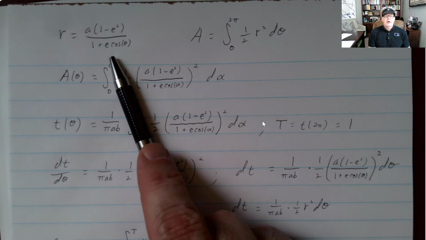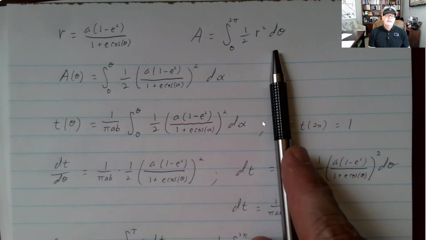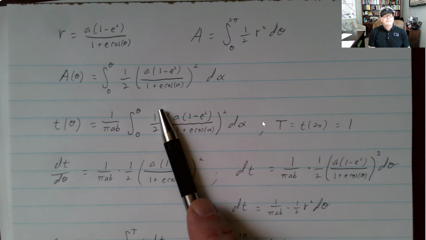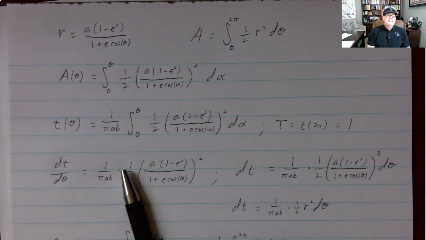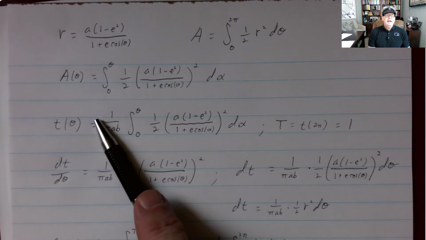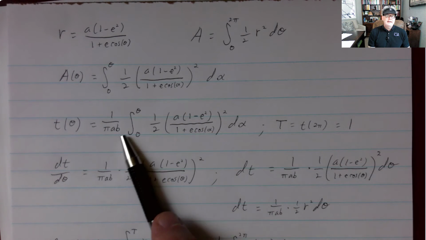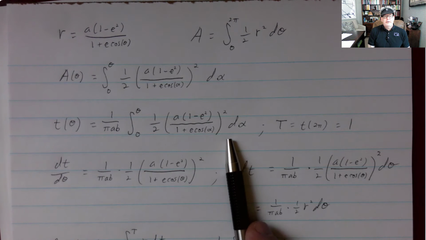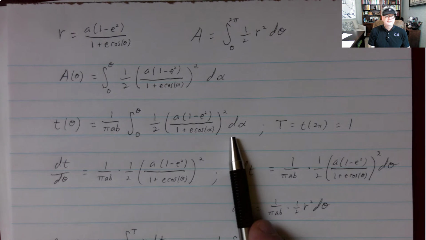Okay, so there's our r. For area, it's 1/2 r squared d theta. This is the polar form for the ellipse as before. This time I did a little bit extra. I found a of theta and did a dummy variable, and then t for any theta, as I did on that picture, just changed it to alpha.